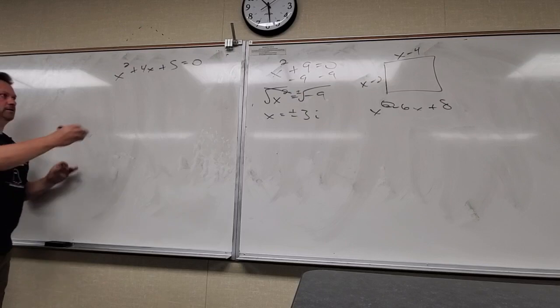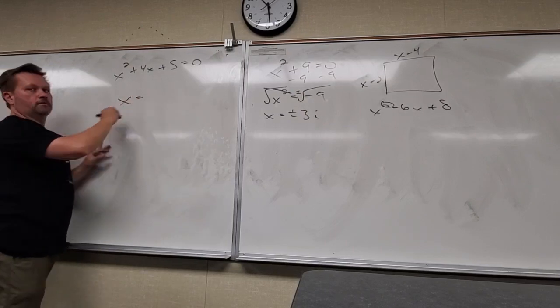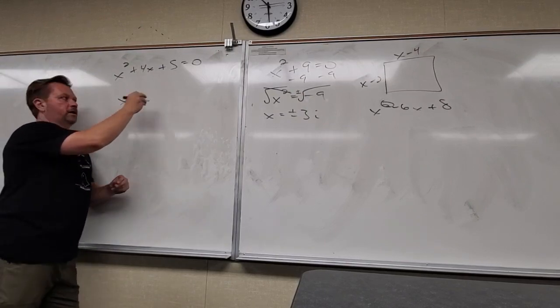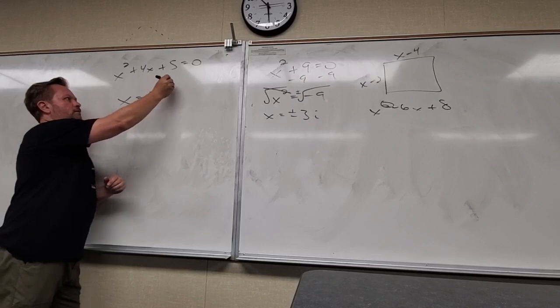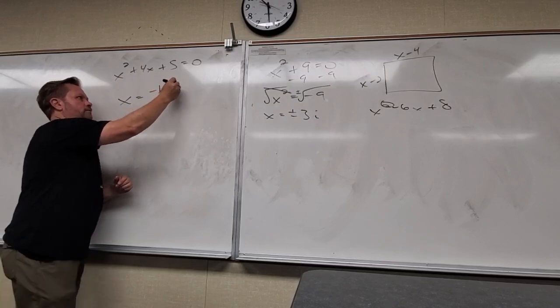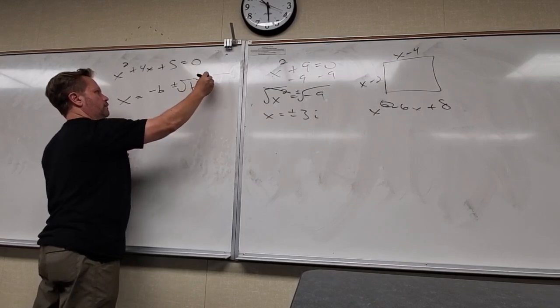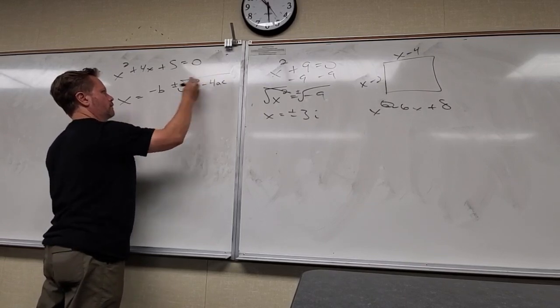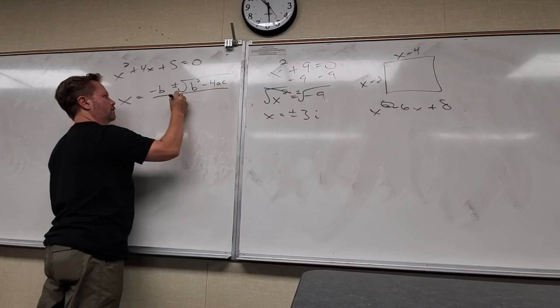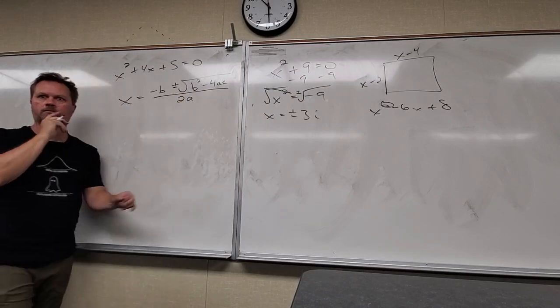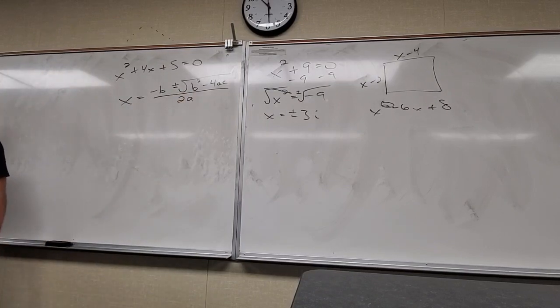But you guys remember it. I'll get it started. Negative b, plus or minus the square root of b squared minus 4 times a times c, all over 2 times a. Then you plug in.